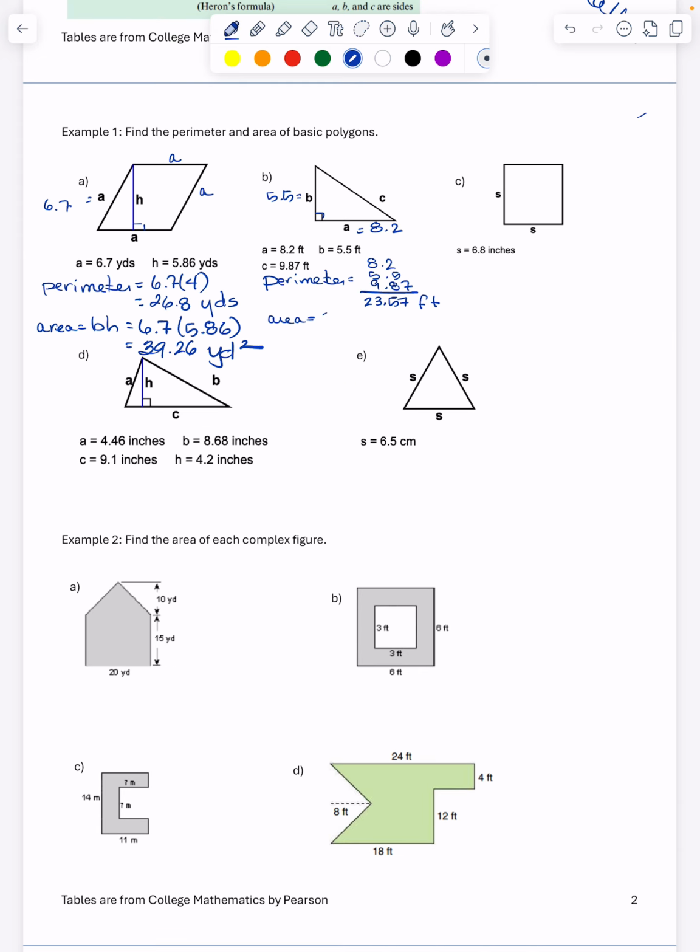We are going to go 8.2 times 5.5, and I'm going to divide that by 2. And apparently I did not leave enough room here. When we multiply the 8.2 times 5.5 and then divide by 2, we get 22.55. I need square units, feet squared.